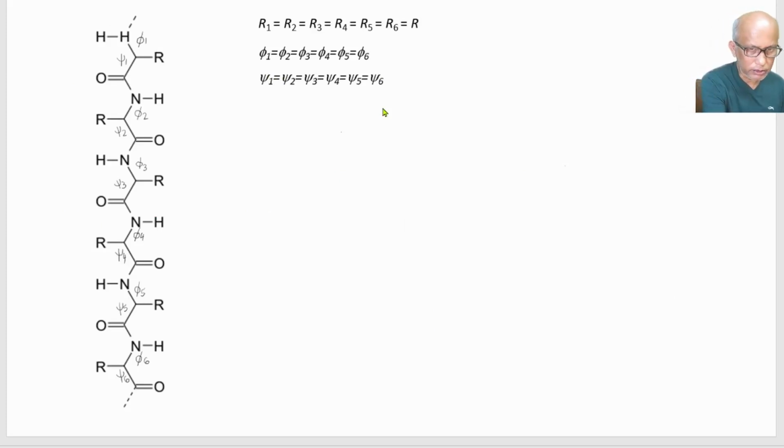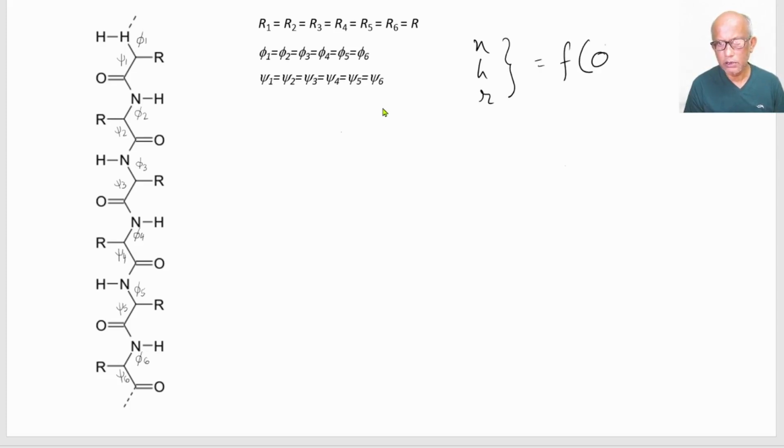And the helix we will characterize by 3 parameters, n, H and R. Since the conformation of this molecule is governed by the phi and psi angles, n, H and R must be functions of the phi and psi torsion angles. In fact, given just one phi and one psi, because all of them are equal, I can calculate the helical parameters n, H and R.